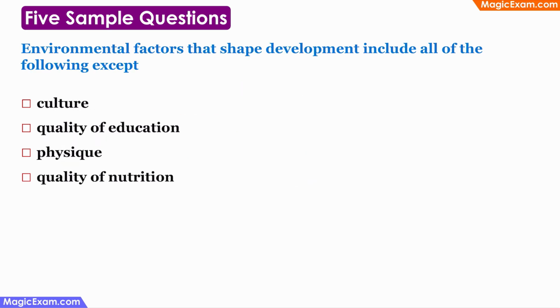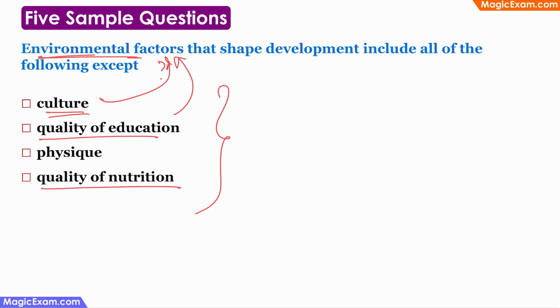Environmental factors that shape development include all of the following except which of the following. Now, environmental factors are all those factors which can affect the development of a child apart from the nature or the hereditary factors. Now, if you look at all of these, the culture in which the child is brought up is an environmental factor. Quality of education is also an environmental factor.